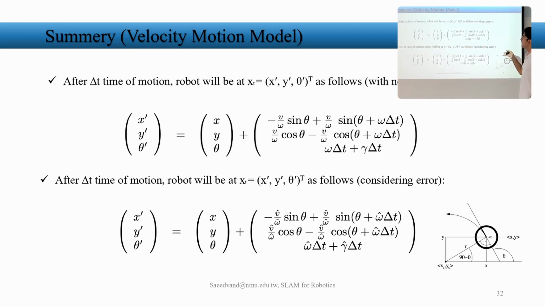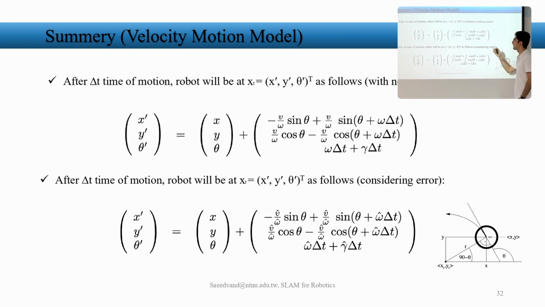If I want to summarize this chapter, the most important thing that we studied is the velocity motion model. We saw how we can calculate x prime, y prime, theta prime, the new pose of the robot, based on the old pose and the velocity control commands that we have.